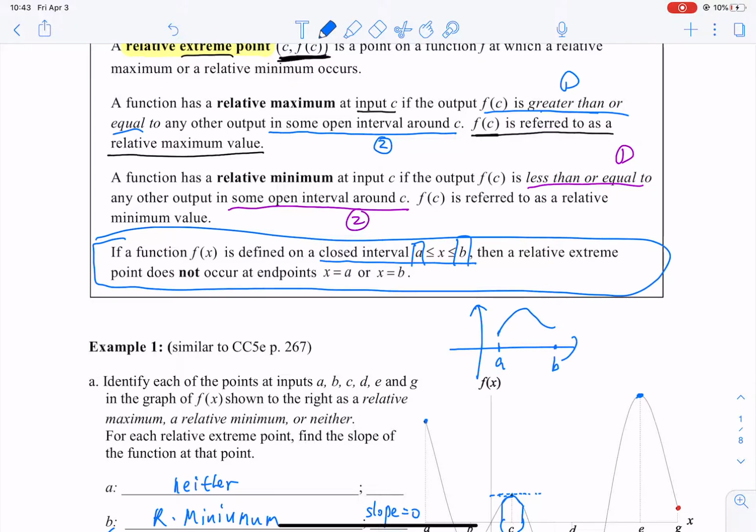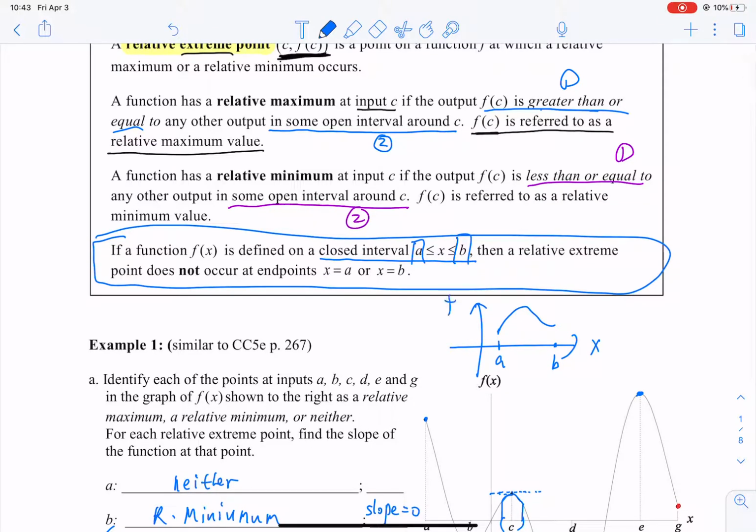That means we can get the corresponding function values f of A and f of B. But for an open interval, for example, this is an open interval. For this open interval, the function f is not defined at point A or point B because this is an open interval. That means A is not part of our domain. But for a closed interval, the two boundaries A and B are actually in our domain. But for the open interval, A and B are not.